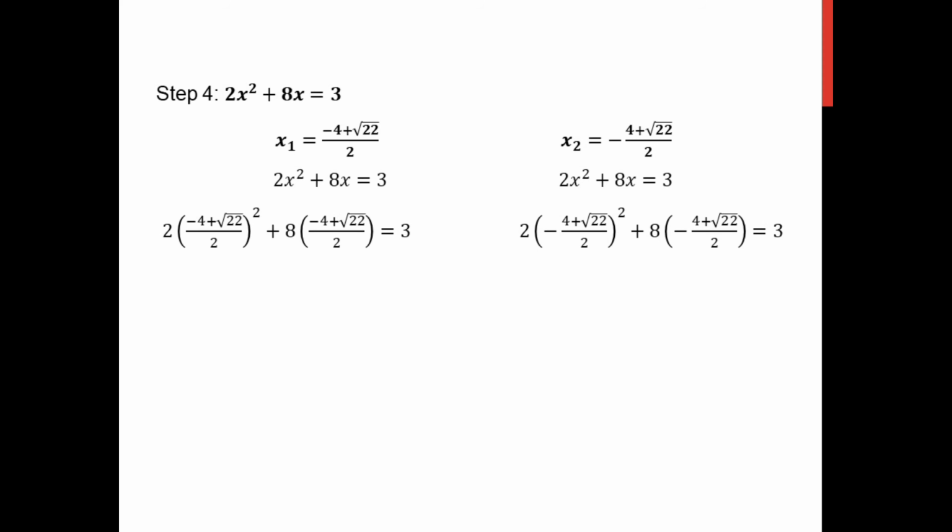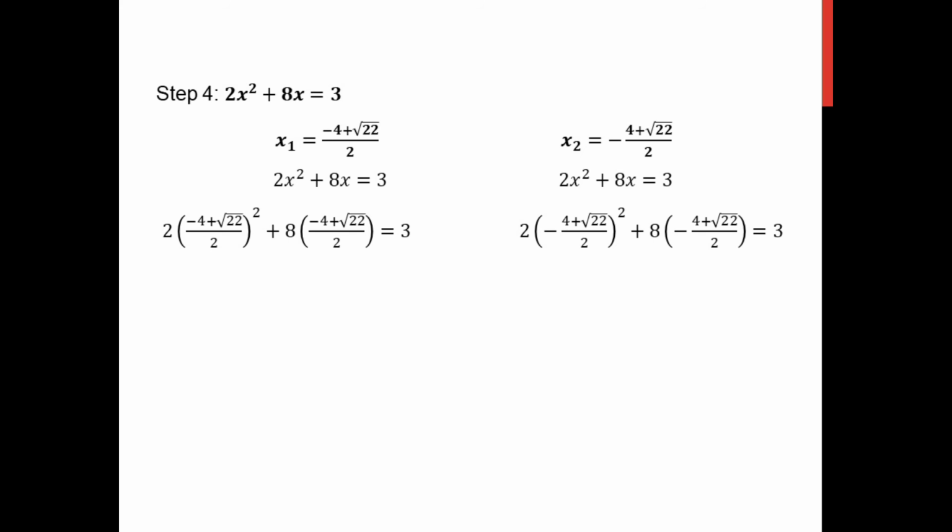Next, for step 4, we need to check if our values are correct. So we substitute the values of our x sub 1 and x sub 2 in our original equation. So we have 2 times the quantity of negative 4 plus square root of 22 over 2 squared, plus 8 times the quantity of negative 4 plus square root of 22 over 2, is equal to 3.